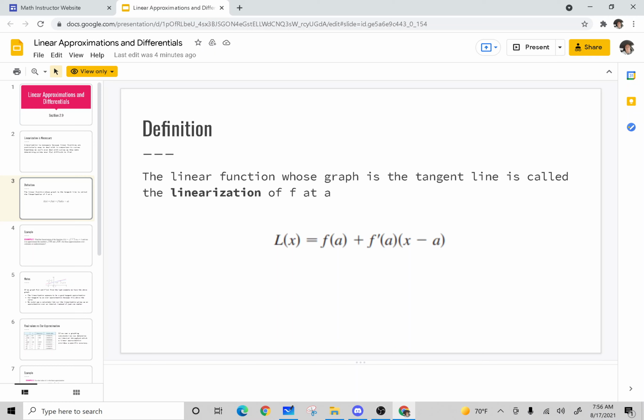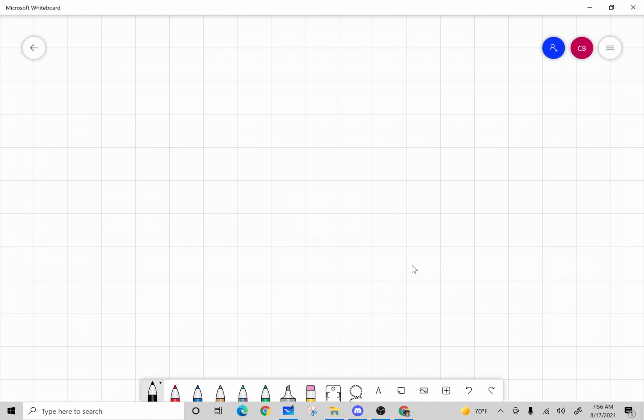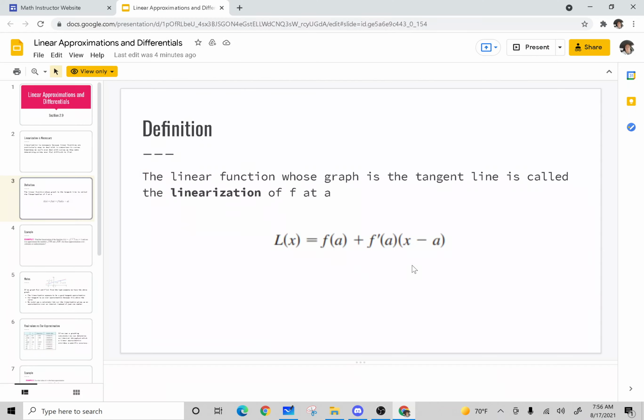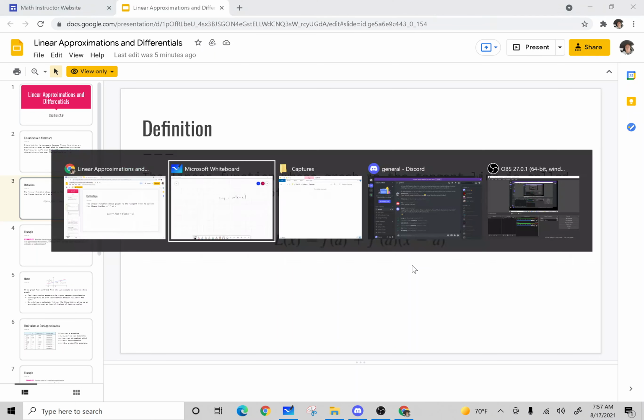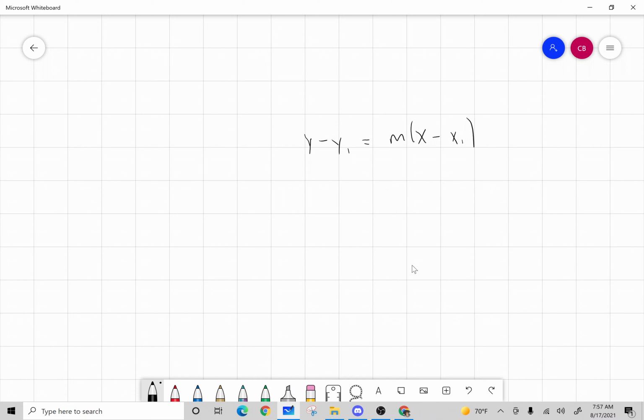This equation, I noticed something, is literally just the following one. If you have y minus y1 is equal to m times x minus x1, and you just replace f of a and a with those values, because a would represent x and f of a would represent y, then you're looking at the point-slope formula, and all they've done is solve for y.